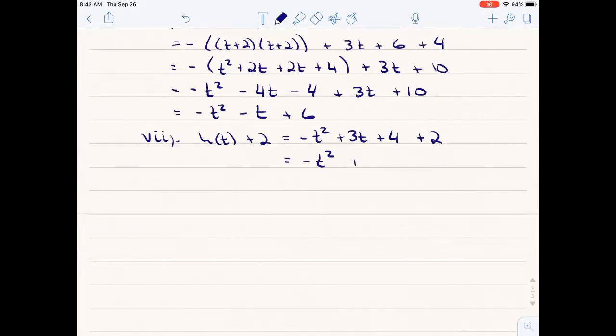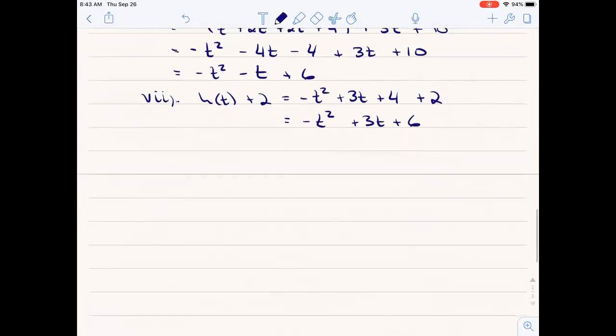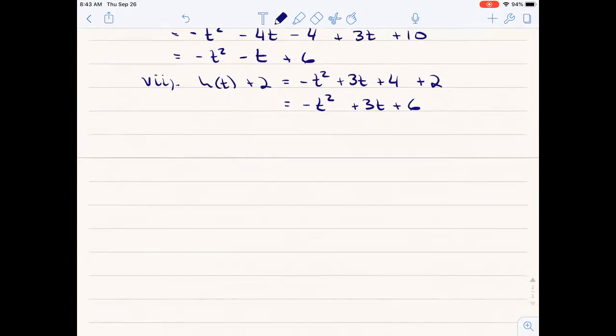Simplifies to negative t squared plus 3t plus 6. Too easy. That's it. Womp womp.